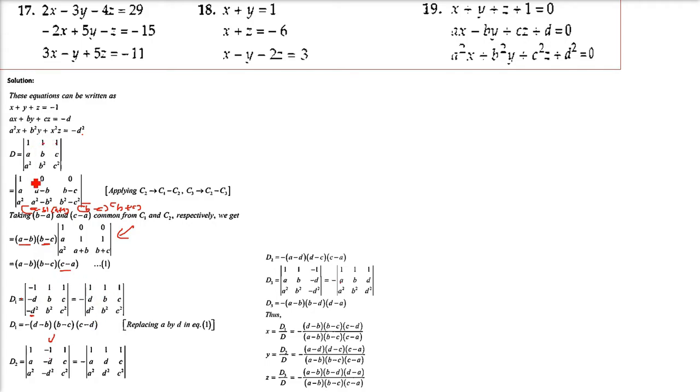So for D1 you have to replace A by D. In order to find out D2, you just have to replace this, because it was A minus B, B minus C and C minus A. So you have to replace C by D here, and then this is D3. D2 you have to replace likewise.